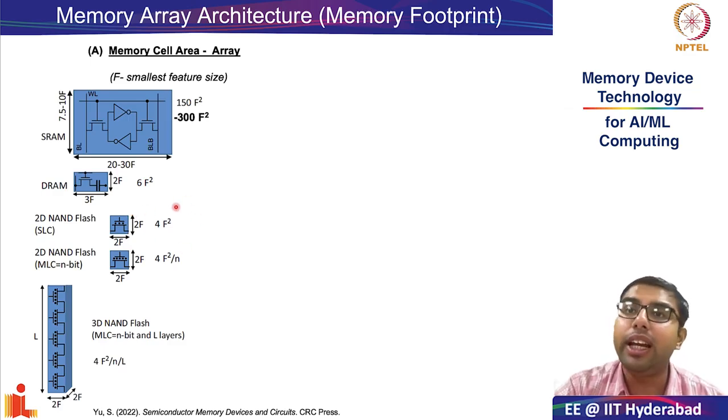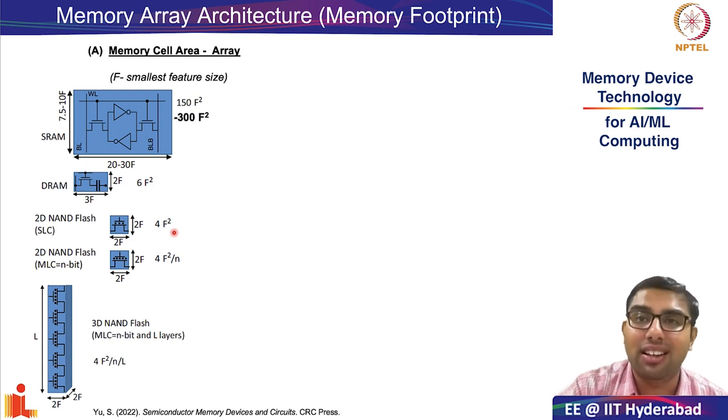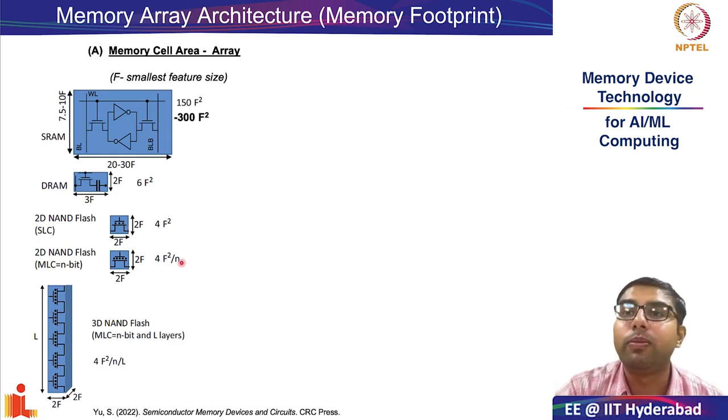While we were studying the innovation trends in NAND flash technology, we saw that not only were you trying to reduce this value f and therefore reduce 4f squared, the cell area, you were also trying to do bit scaling. That means within the same NAND flash cell footprint, you were trying to add more and more bits.